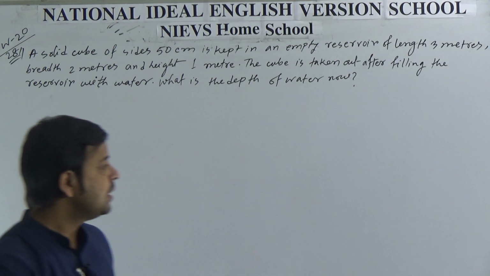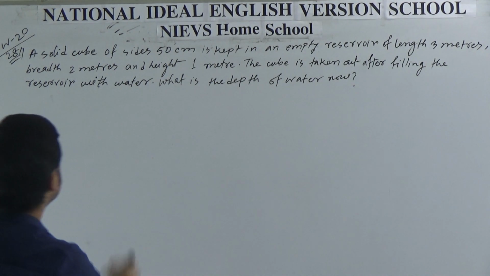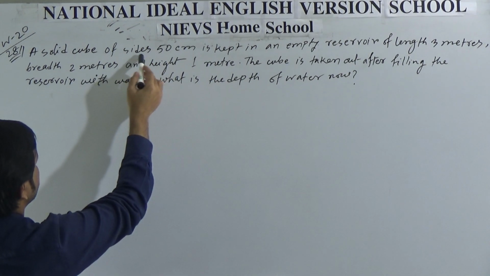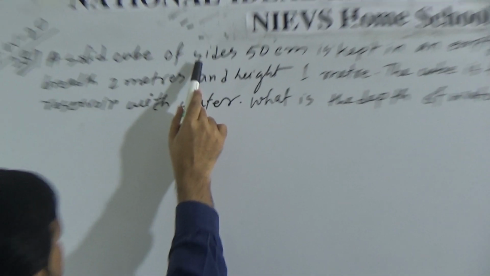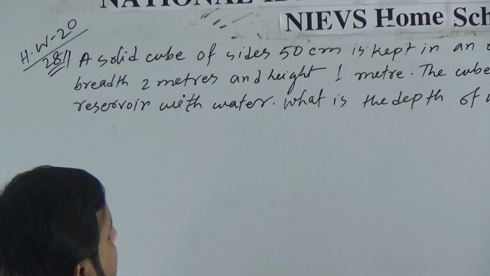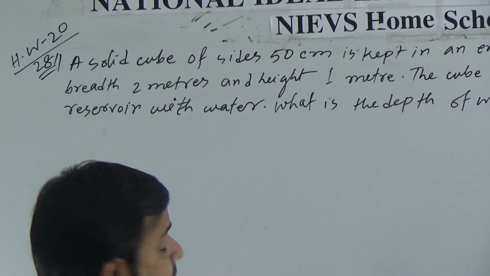Dear students, you are seeing here the information: a solid cube of sides 50 centimeter. It means that each side of a solid cube is 50 centimeter. Each side is given, so we can find the volume of the solid.